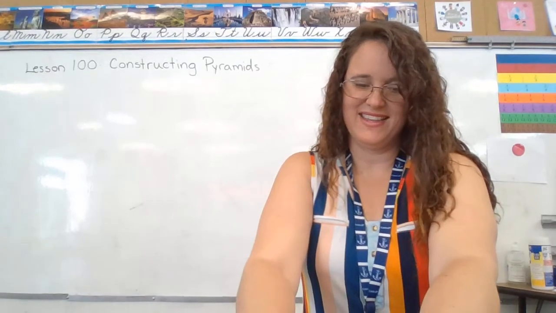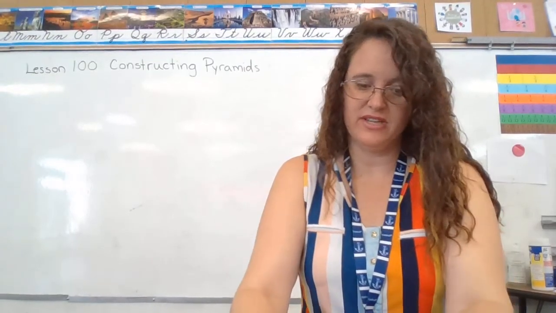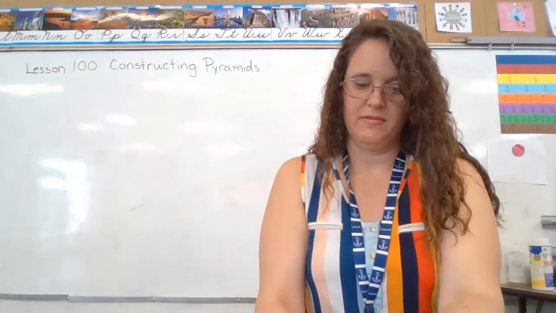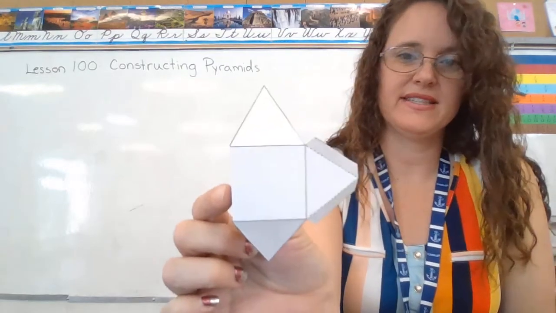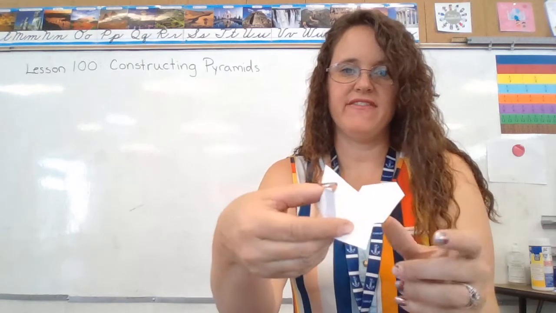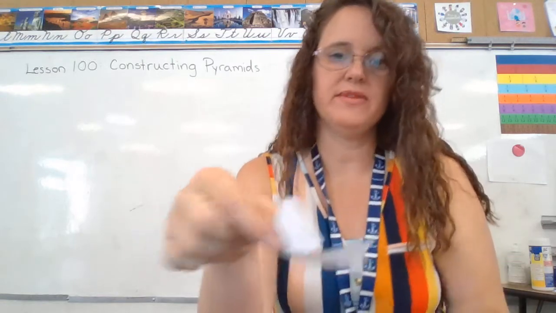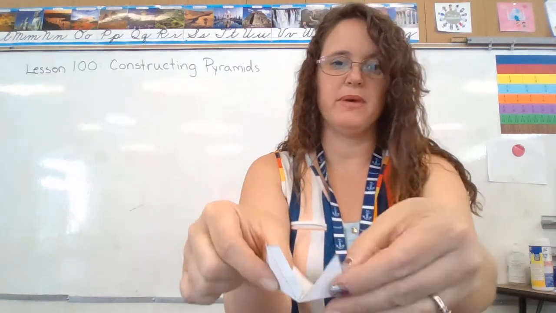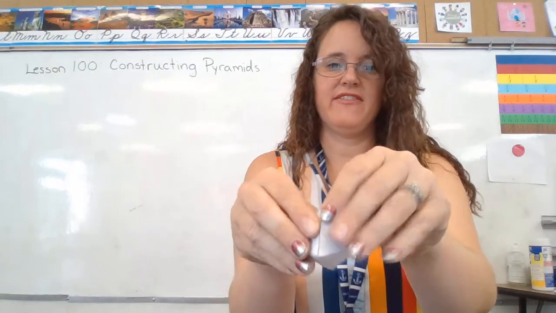And then I kind of think this is easier to build than a prism because we have our base, our square base there. And then we have two sides that have flaps and two sides that don't. So I would start with one side that has a flap, one side that doesn't have a flap.